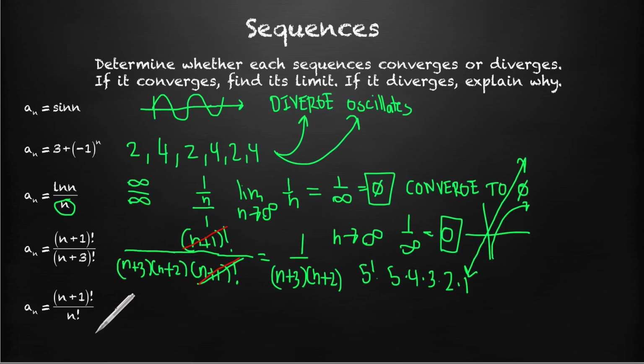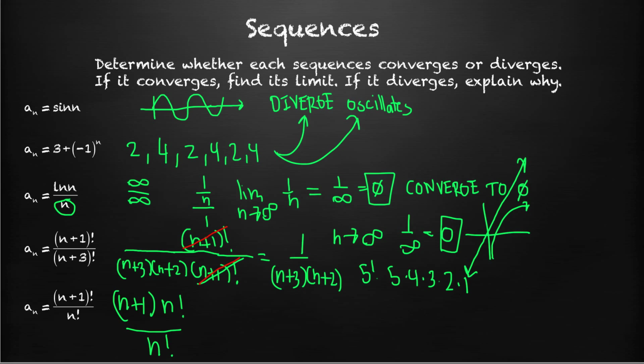All right, same type of situation in the last example, and it's going to be n plus 1 factorial. So we're going to write that as n plus 1 times the number that came before it, which is n, times the number that came before that, which would be n minus 1, and then n minus 2. And we're going to capture all the rest of those numbers by just writing n factorial. And then on the bottom we have n factorial.